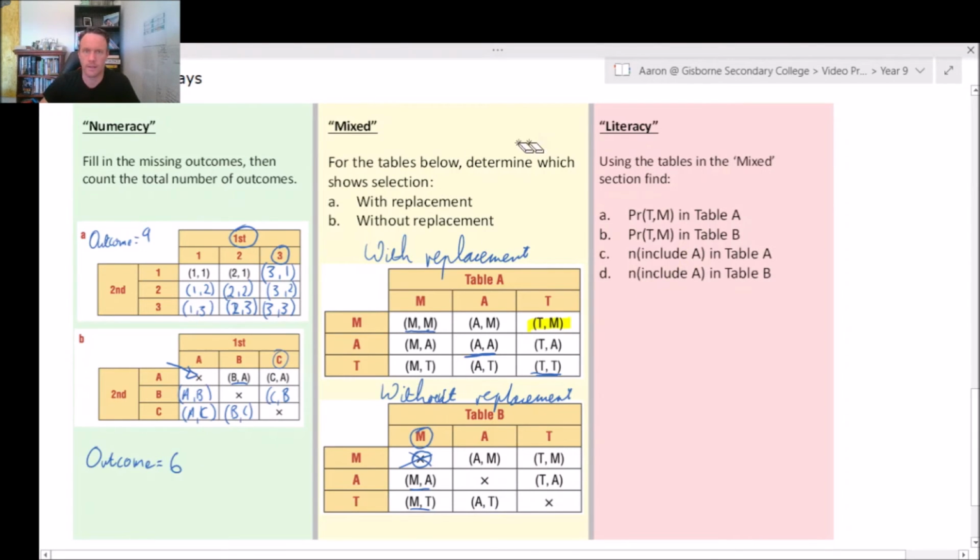So that has one outcome, one possibility out of a total of 9. And then in table B, TM has one possibility down here, one possibility out of a total of 6.